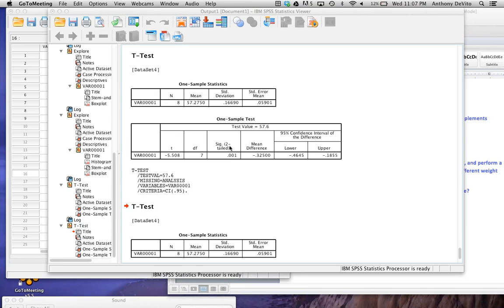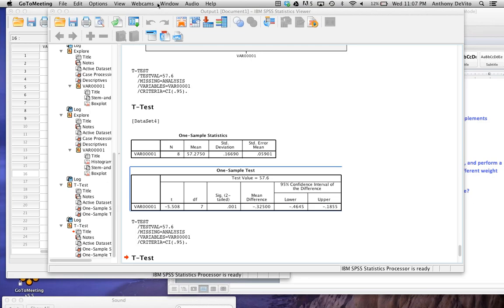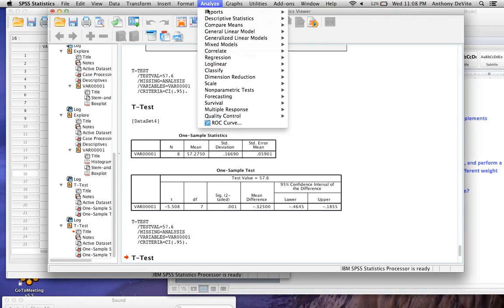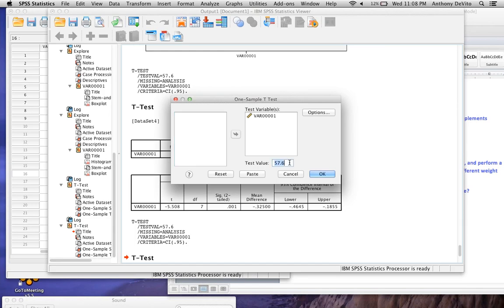Because of the probability of getting this big a difference between the mean that we calculated based on our sample and the mean that the manufacturer claims, mu, remember that test value? Remember I put in that test value? Analyze, compare means, one sample t-test. I put in the test value.